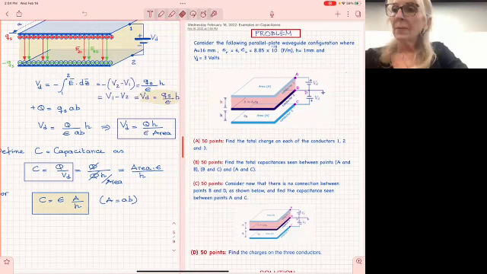This is called the electric permittivity, and mu is called the magnetic permeability. You have seen those names before.